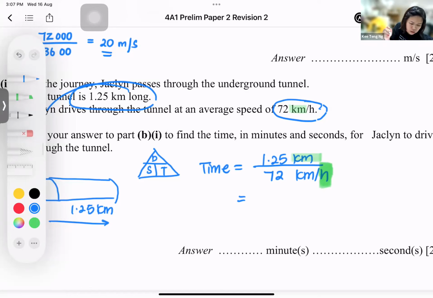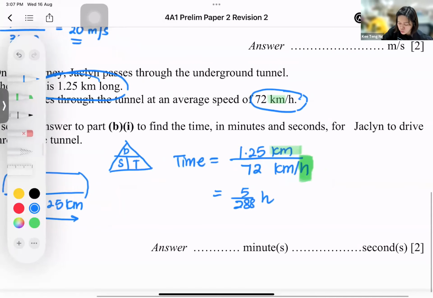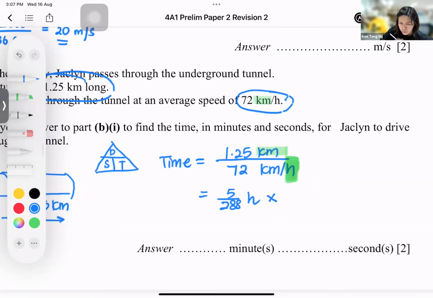Let me write the fraction: 5/288 of an hour. How am I going to convert this hour into minutes? 1 hour, how many minutes? 60.